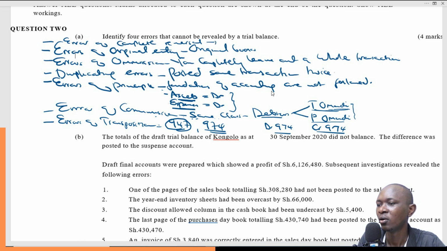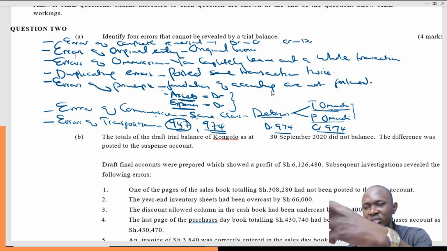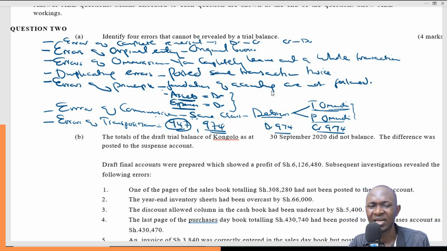That's where what is supposed to be debited you credit, and what is supposed to be credited you debit. You completely exchange the debit and credit sides. So at the very end, the debit and credit will still agree, but you have reversed the entries.